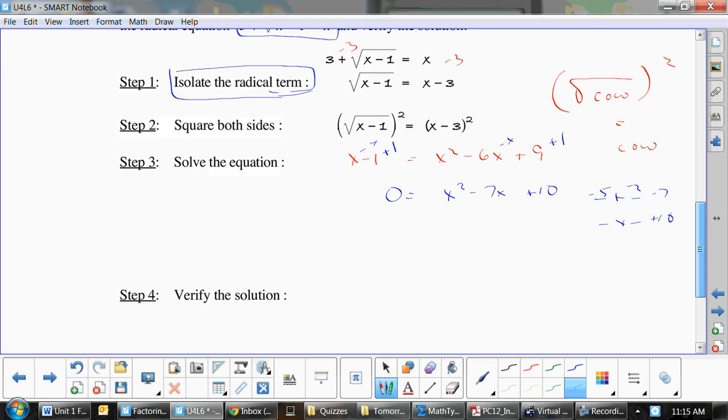Negative 5, negative 2. So I got x minus 5, x minus 2. I have it so it just rings once. Or else people just annoy me. I got a voicemail. Okay. So what are my x's? 5 and 2.